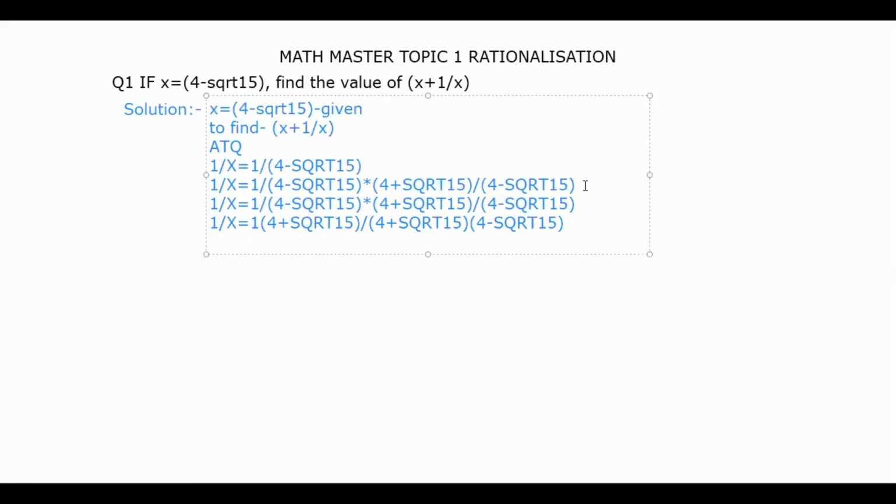We all know that there is an identity. Let's write the identity also. We know that a plus b, when multiplied by its conjugate, that is a minus b, is always equal to a square minus b square.